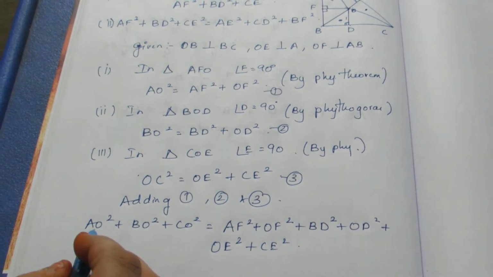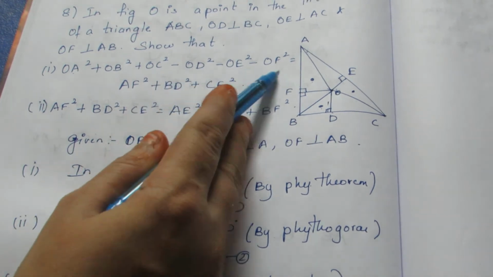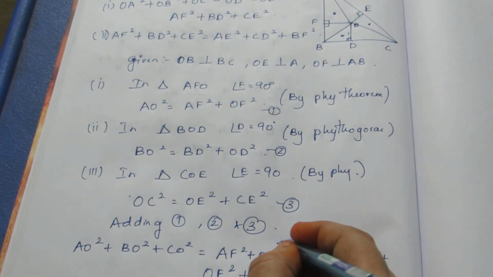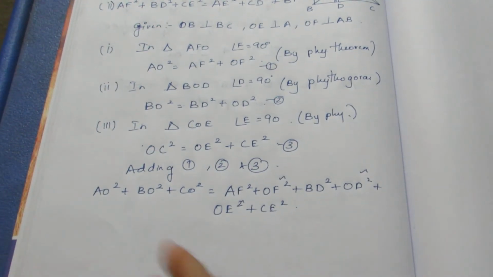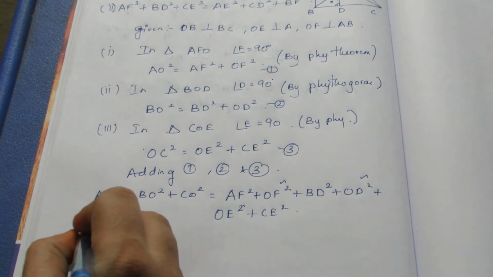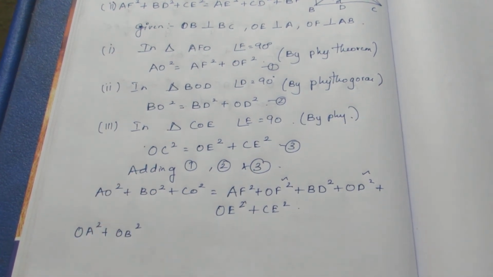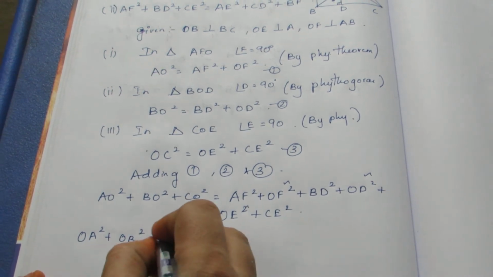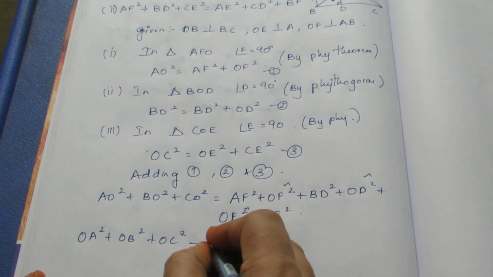Now we want to prove OA square plus OB square plus OC square, so we have minus OD square minus OE square. Bring all the OD, OF and OE to your LHS side. Now we have OA square plus OB square, I am writing what they have given, OA, OB, everything is same, plus OC square minus, bringing to this side it becomes negative.